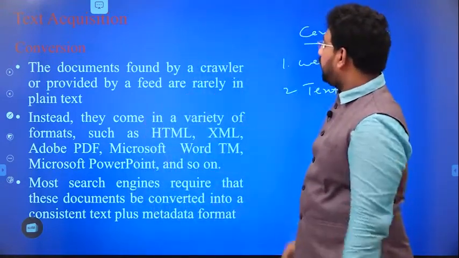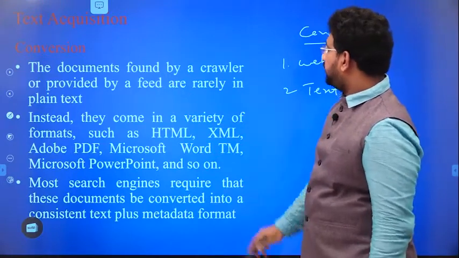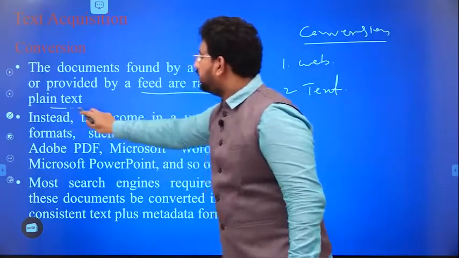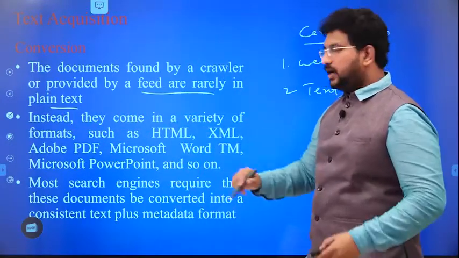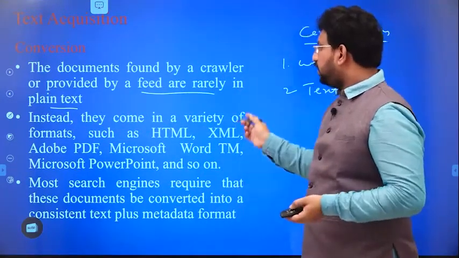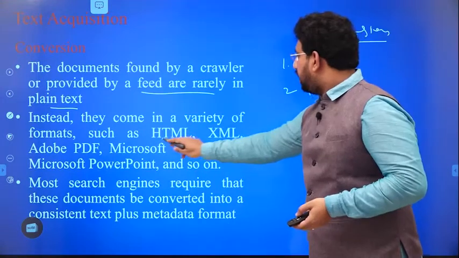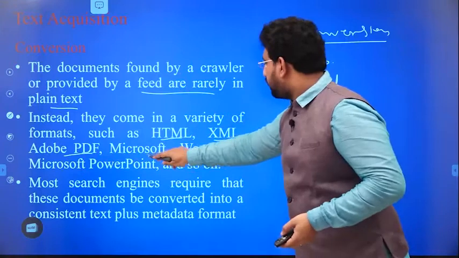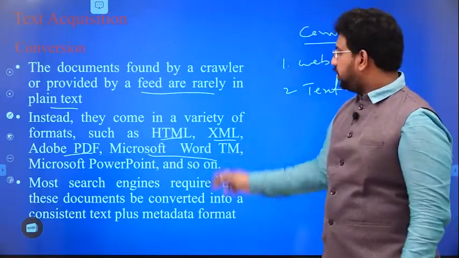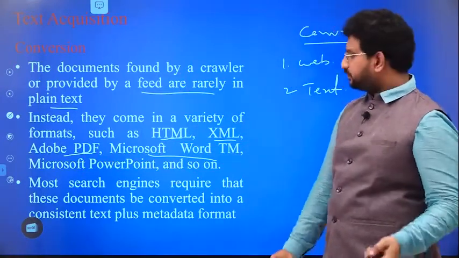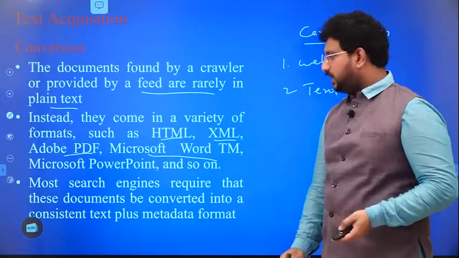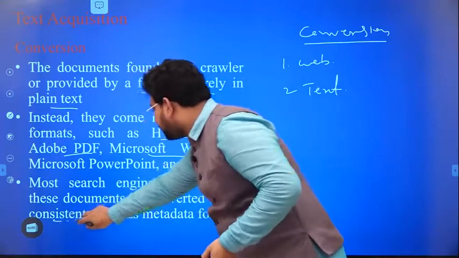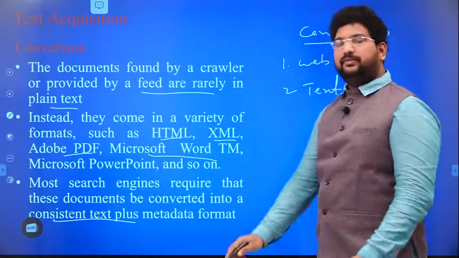The documents found by the crawler or provided by the feeds are rarely in plain text. Instead, they come in a variety of formats such as HTML, XML, Adobe PDF, and Microsoft Word. Most search engines require that these documents be converted to a consistent text plus metadata format.